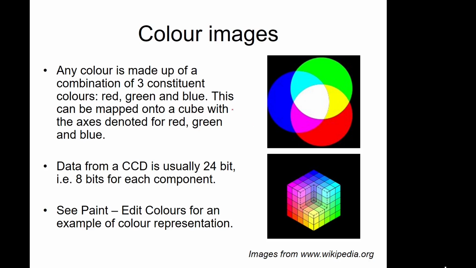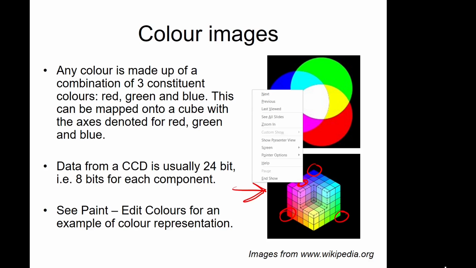And you can plot these out on a cube essentially. So you've got a red value, a green value and a blue value. And depending on how many components you've got in each of these, that will plot out. So if you've got quite a lot of red and a lot of blue and not much green, you're probably going to be around here somewhere. So you're going to have kind of like a purpley colour.